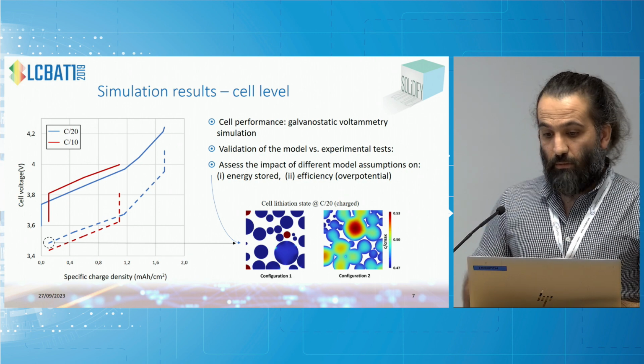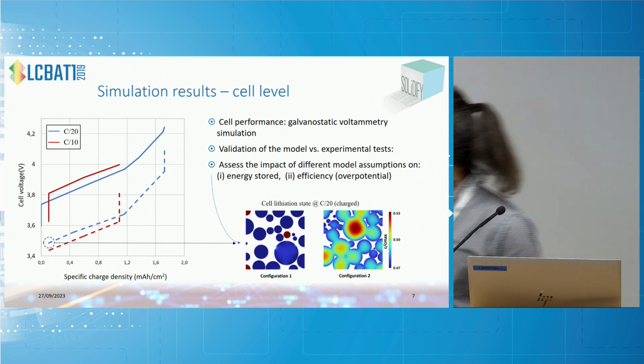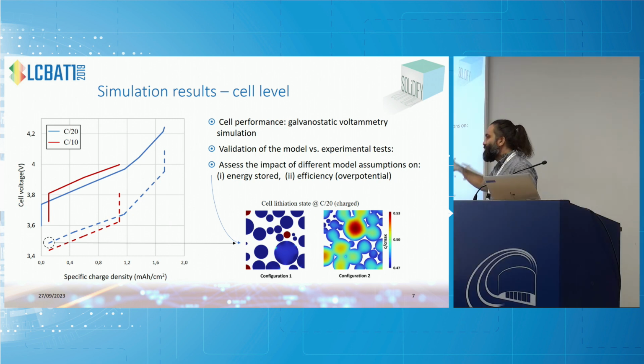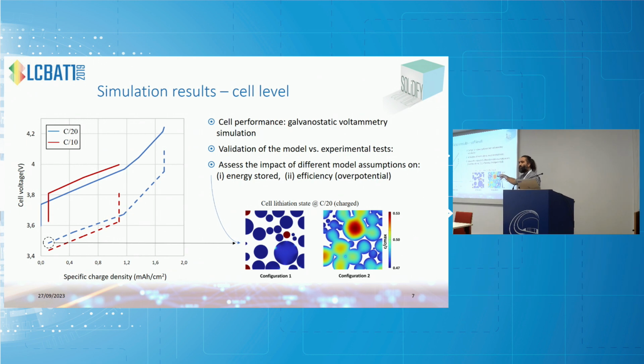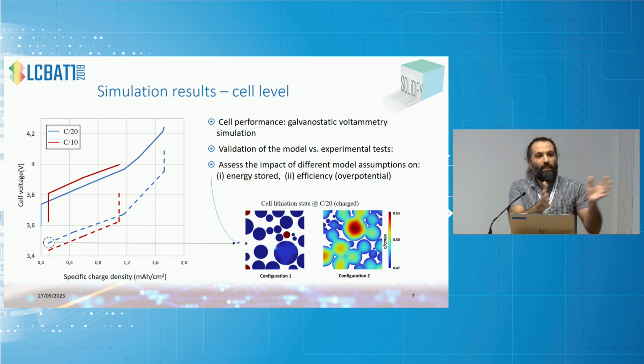And in case of, for example, here, you could see also the impact of mechanics, to see the effect of diffusion-induced stress, and vice versa, which makes the uniformity of the concentration profiles, the lithiation front inside the particles, different when mechanics is also coupled.